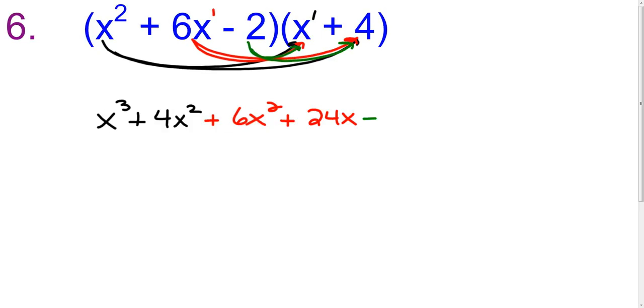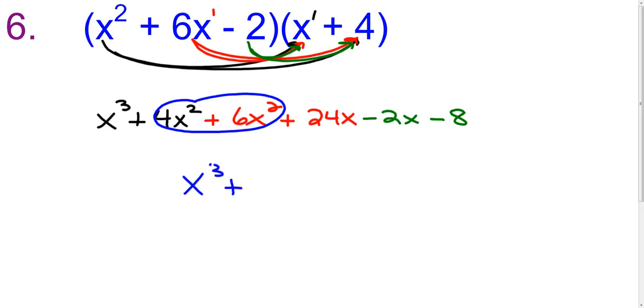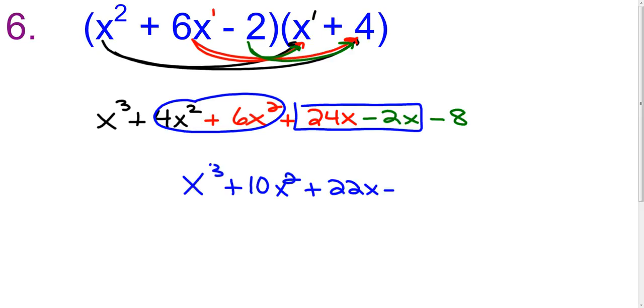So negative 2 times x is negative 2x, and negative 2 times 4 is negative 8. Okay, now when I combine my like terms, I have an x cubed term. I have a 4x squared and a 6x squared, which gives me 10x squared. And I have a 24x and a negative 2x, which gives me 22x, and then minus 8.